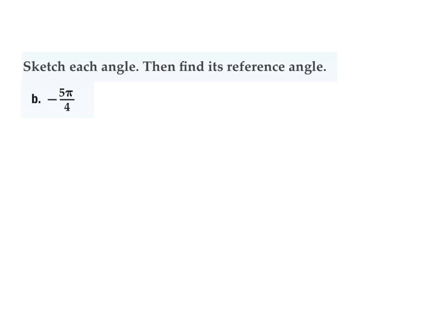So I'm going to go past negative pi. Negative pi is the same as negative 4 pi over 4, right? Because the 4's cancel. Which means I'm shy by a negative 1/4 pi.